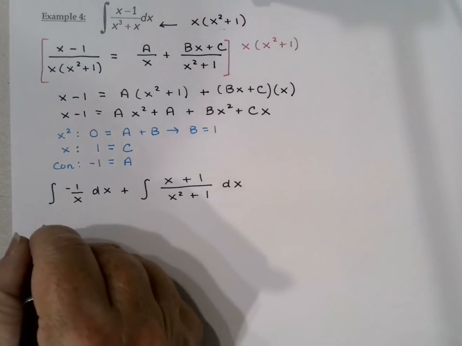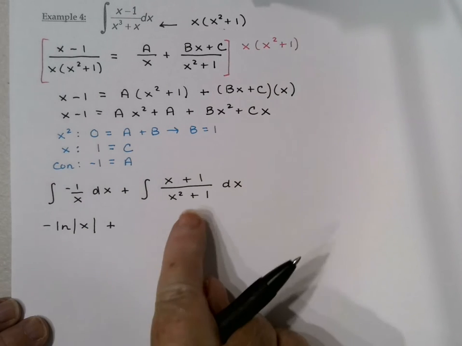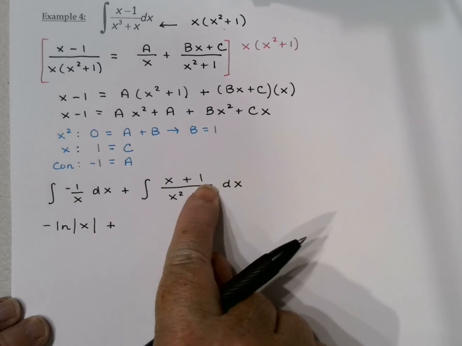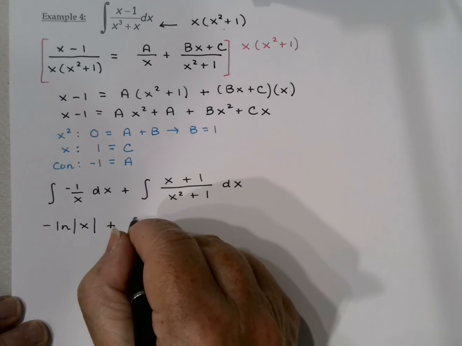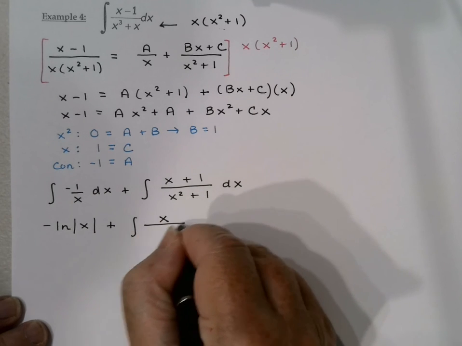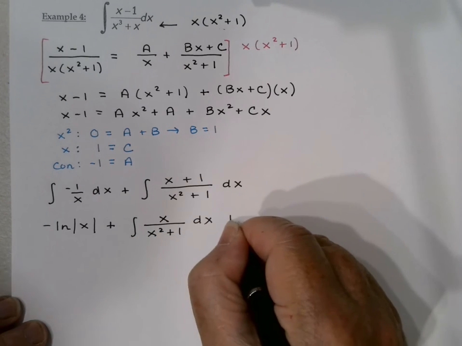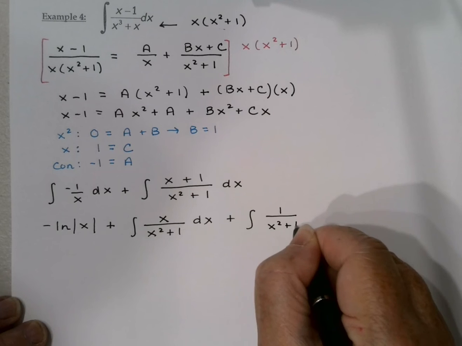This is minus the natural log of x. And here we're going to go back to a trick we've learned before. I'm going to split up that fraction into two separate fractions by splitting the numerator. Think of this as the integral of x over x squared plus 1 added to the integral of 1 over x squared plus 1.